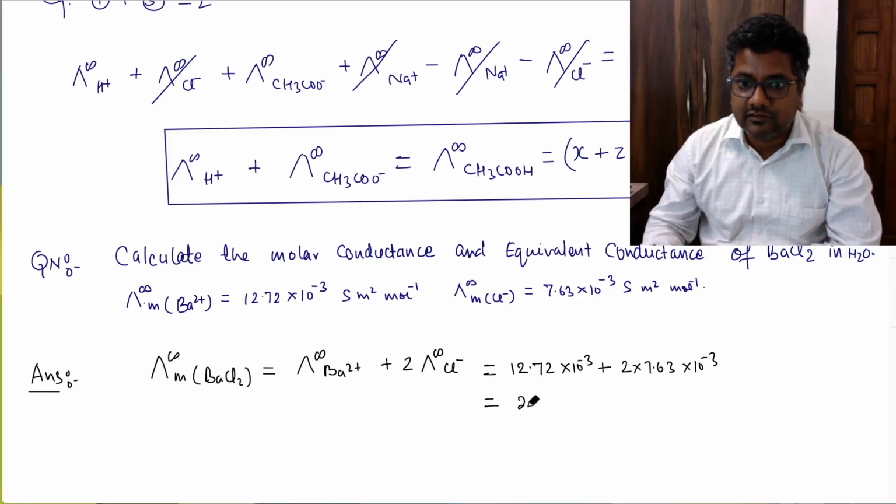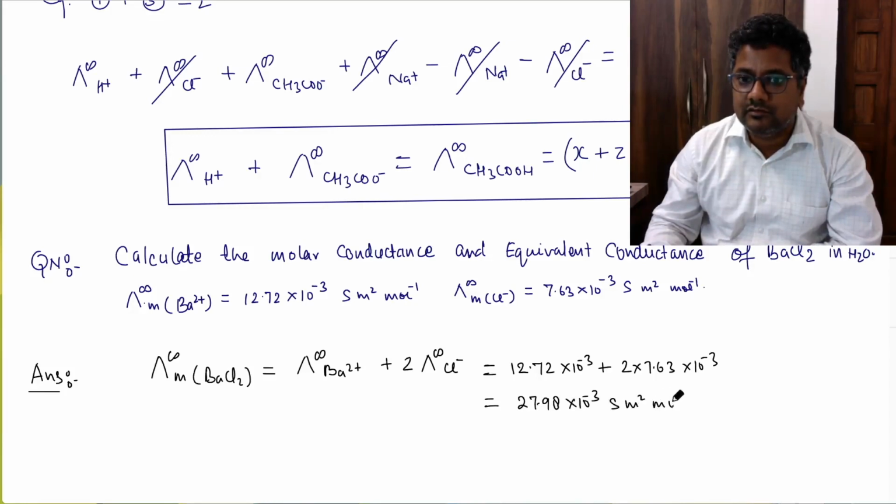So this is equal to 27.98 into 10 to the power minus 3 Siemens meter square per mole. Right? So this is the answer.